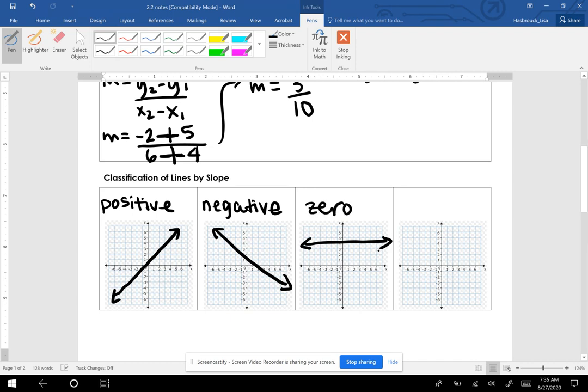The way I tell students to remember this is that you could make a Z with that line for 0. And the last one is known as no slope, or some people call it undefined. I like to use it as no slope because you can make an N with the line.